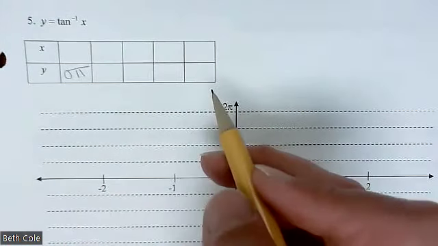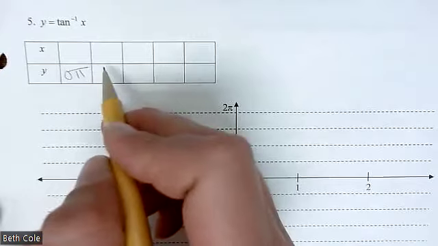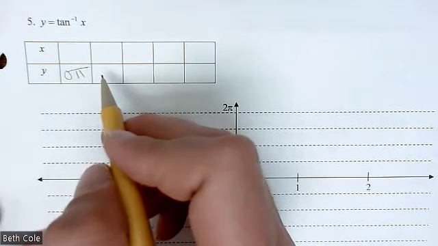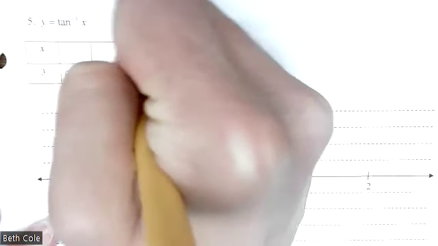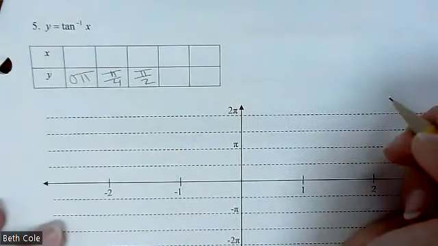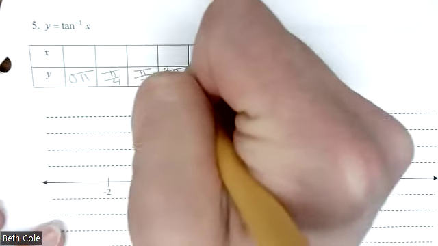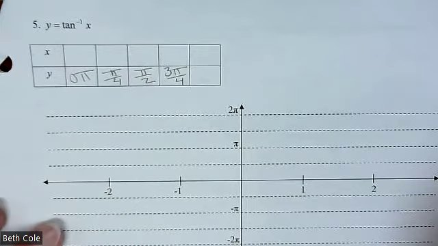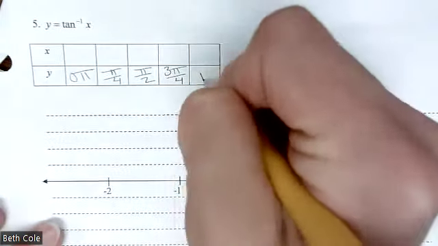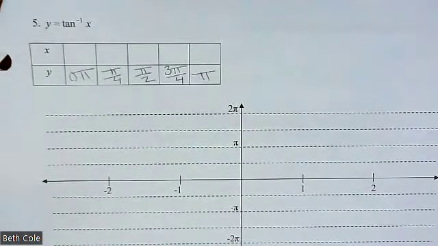It's only halfway around. What's the next one going to be? π/4, good. And then π/2, and then 3π/4, and then what? Just π. Good. Halfway around.